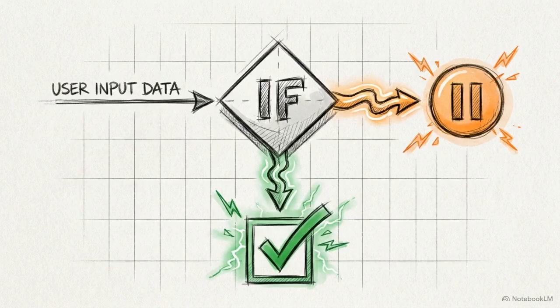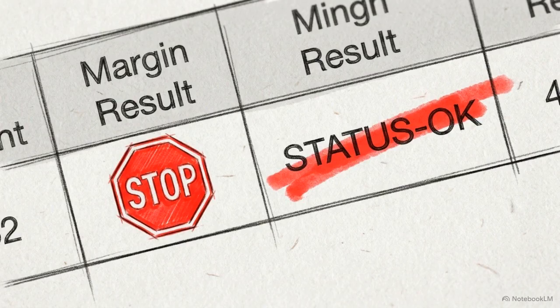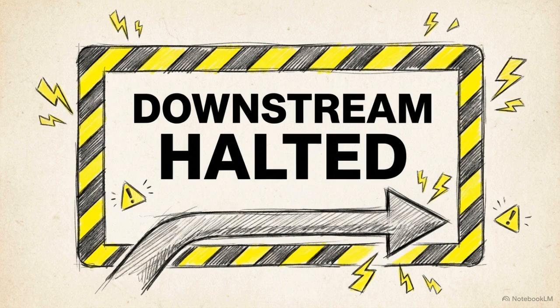Because that imported flag is standard text, the sales workbook can easily run local conditional logic to manage the anomaly. An IF statement checks the incoming text. If the flag does not read status OK, sales halts its own margin calculations for that specific row. Sales then passes its own localized status message, flagging the row as blocked by finance, downstream to the operations node.